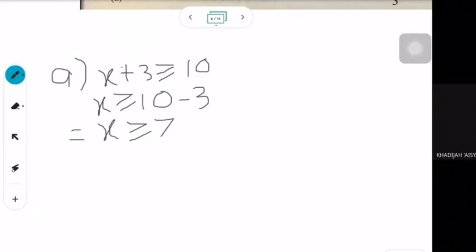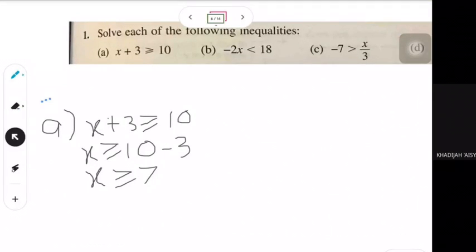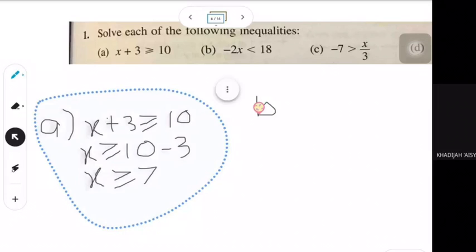Okay, so tak payah dah ni. Ni tanda equal kat sini tak payah dah. Just this one. Right? Okay, now B boleh start.